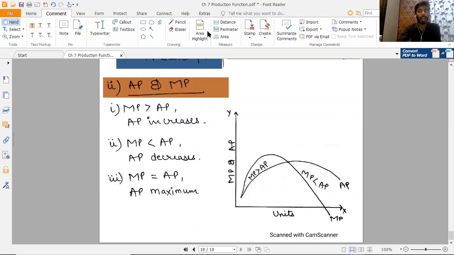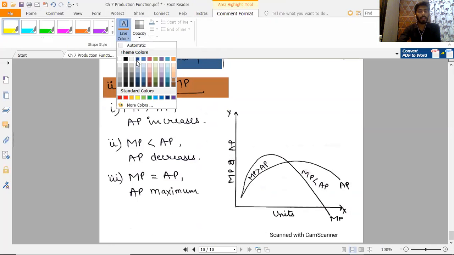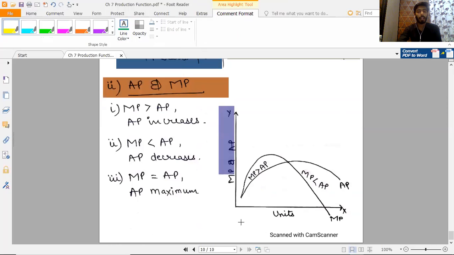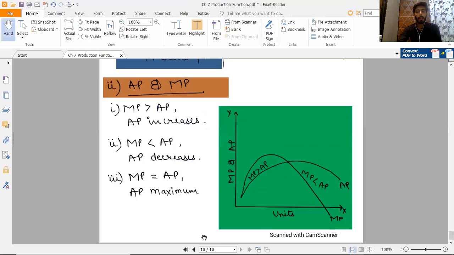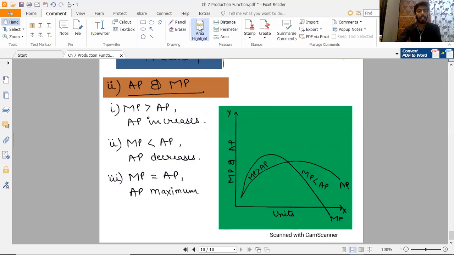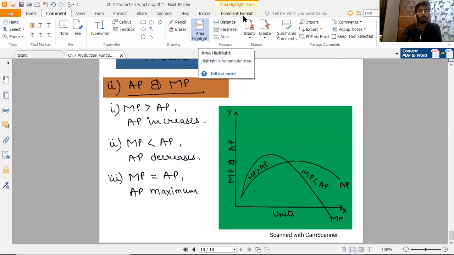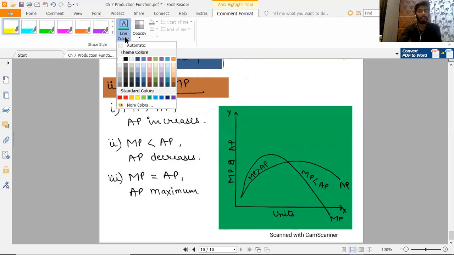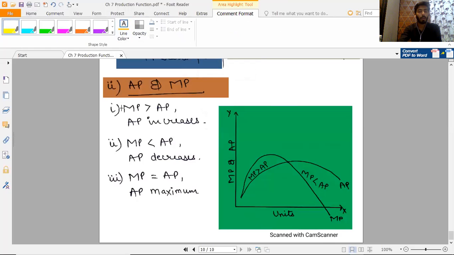Let us first see the diagram. The diagram here is between AP and MP, right? So initially, when MP is greater than AP, AP increases.